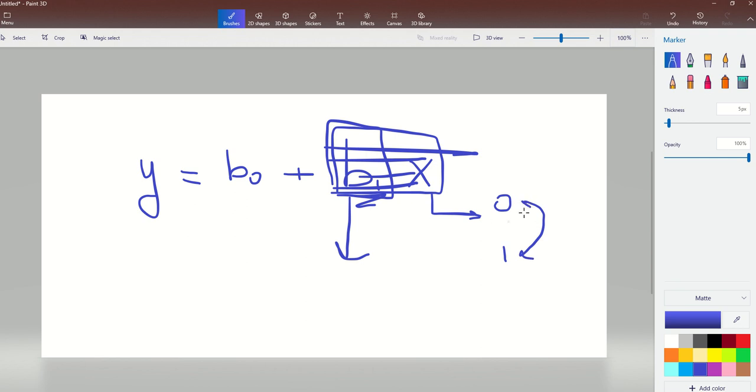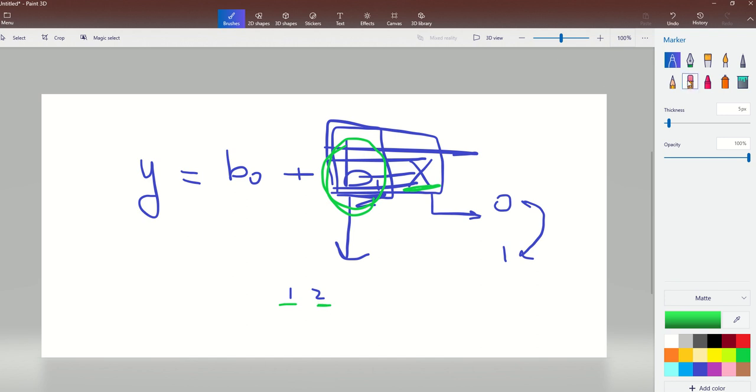But this is true even if you do not use a code of 0 and 1. Even if you use a code of 1 and 2, or any code that has a difference of only one unit, the beta that you're going to get for this independent variable is going to be the difference between the two groups.